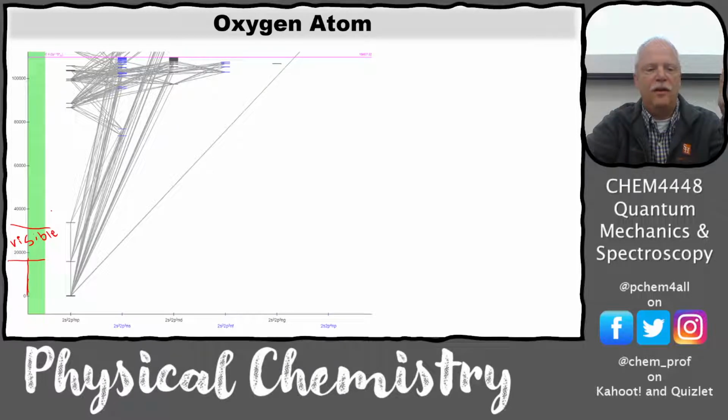If you're starting at the ground state, you see there's not a lot of energy levels with a difference from the ground state that would fall into the visible range. But if you had excited state oxygen, some of these up here would fit into the visible range. And so if you were able, instead of making a neon light, to make, say, an oxygen vapor light, you would see from some of these higher transitions some lines in the visible region. We just don't ever see those because the oxygens in our atmosphere are not excited like that.